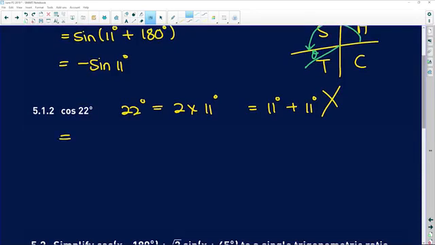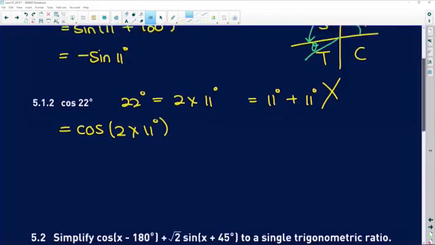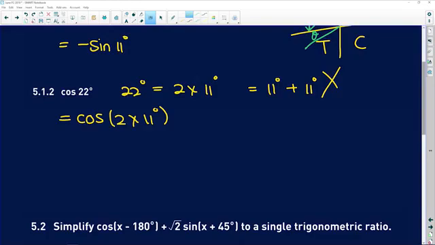So we can say that cos of 22 degrees is the same as cos of 2 times 11 degrees. Okay? And now we're trying to get in terms of sine. So remember, there are 3 different expansions of cos of 2 theta. They will all be given on your formula sheet. Very important.